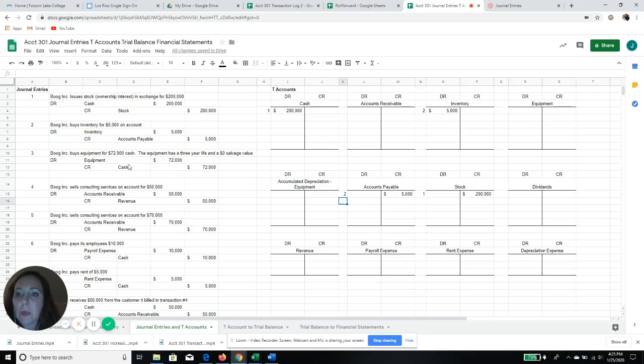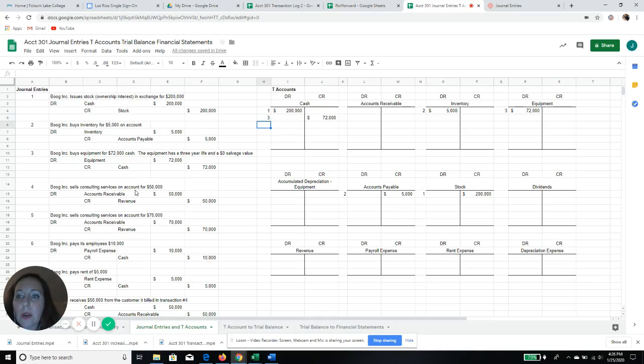Transaction number 3, we have a debit to equipment and a credit to cash for $72,000. So I go to equipment, transaction number 3, and I debit $72,000. And I go to cash, this is transaction number 3, and I enter $72,000 on the credit side because we decreased cash when we bought equipment.